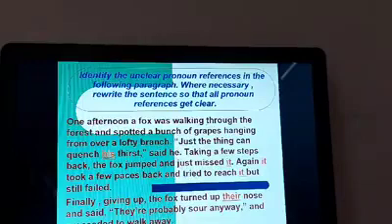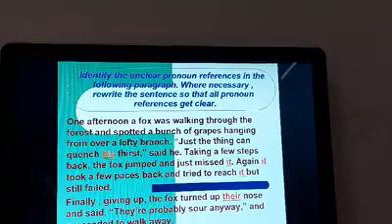One afternoon, a fox was walking through a forest. Here we feel no problem in our understanding. Then the line continues, and spotted a bunch of grapes. What is spotted? Here spotted means saw.